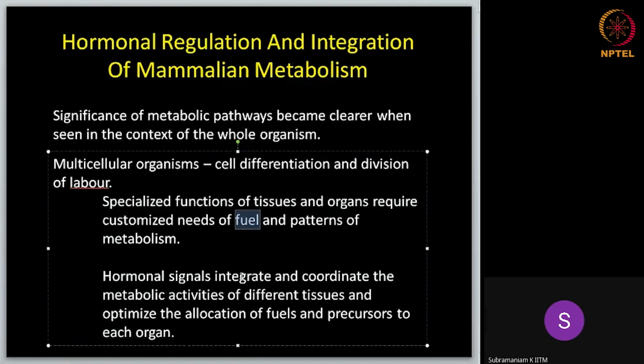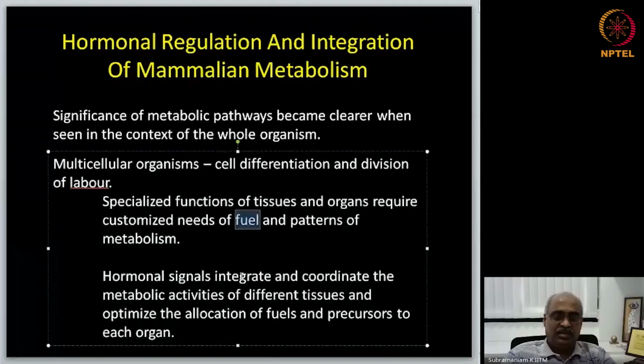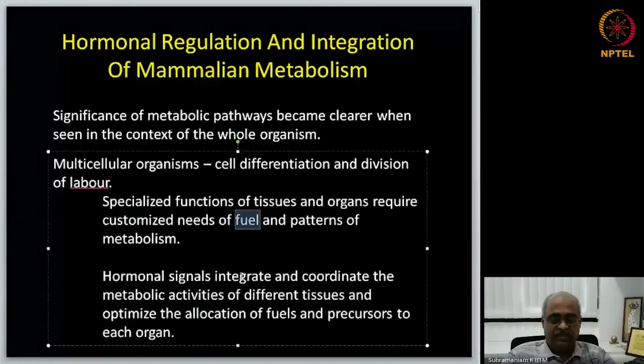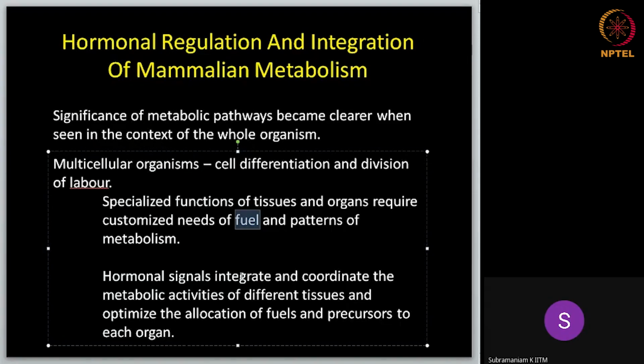So liver has its own specific function. Pancreas, for example, produces digestive enzymes and then insulin, glucagon, somatostatin, hormones. So adipose tissue, if you take for example, specializes in making triacylglycerols and cholesterol esters and storing them. Muscle will burn them, meaning beta oxidation and breakdown of cholesterol to derive energy.